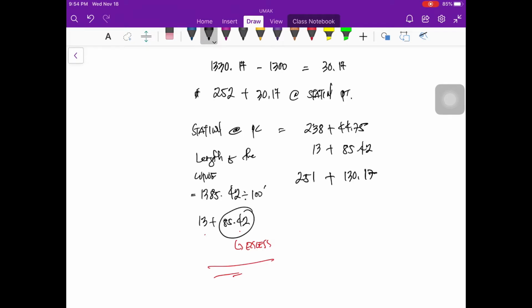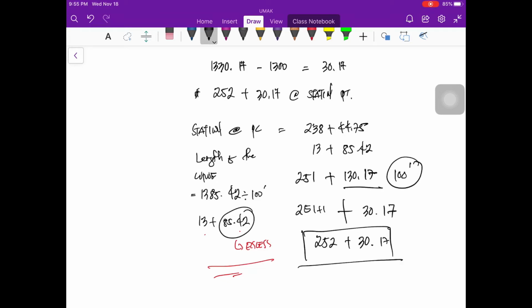So there's no 130, because the maximum is 100 feet, so you add this 100 to here, so this is one station, right? So one station will be 251 plus one station, which is 100 feet, plus 30.17, which is the remaining, so that will be 252 plus 30.17. So this is the station PT.